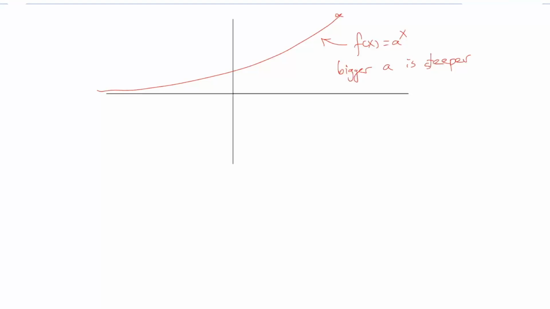And these functions always go through 1 here, because anything to the power 0 is 1. So if you plug x equals 0 into this, you get a to the power 0, which is 1. So these functions all basically look like this. They go through 1 here, and they have some varying steepness based on what the precise value of a is.